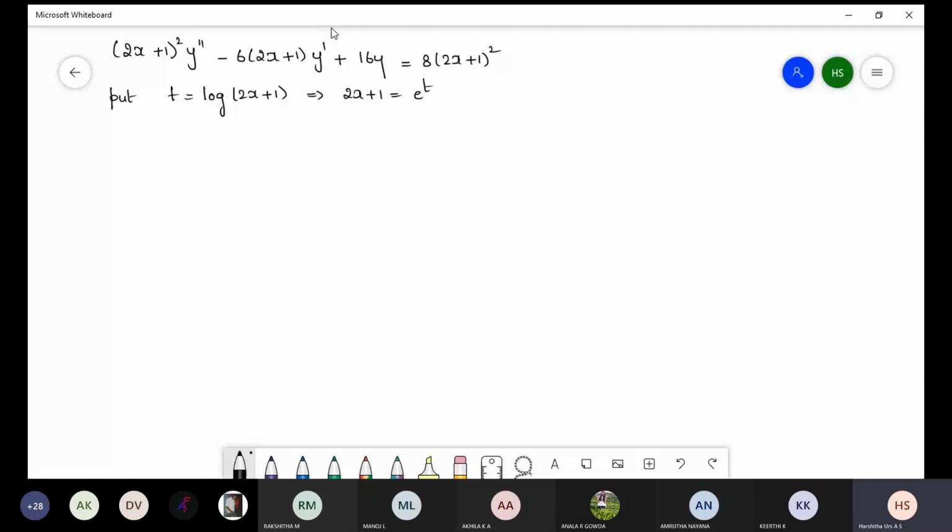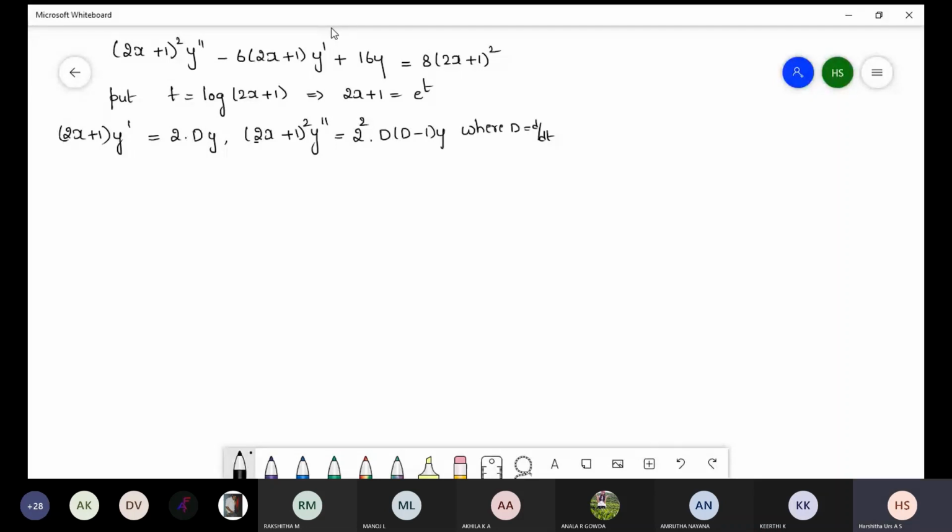Now here (2x+1) into y', the coefficient of x is 2, so I will write 2 into D into y. Next (2x+1) whole square into y'', coefficient of x is 2, so 2 square D into (D minus 1) into y, where D is equal to d/dt.